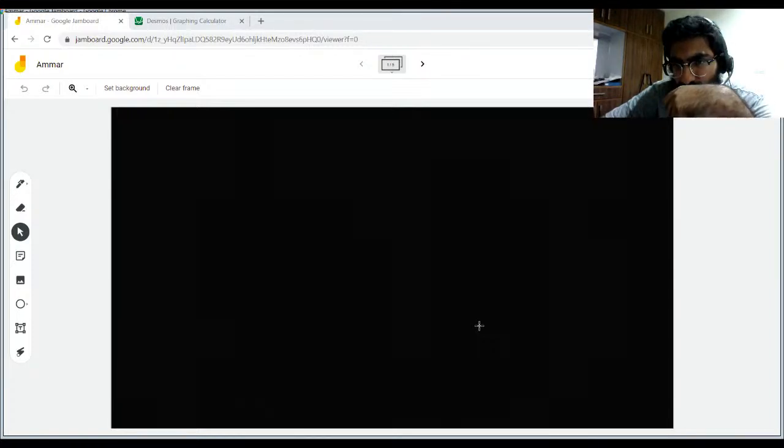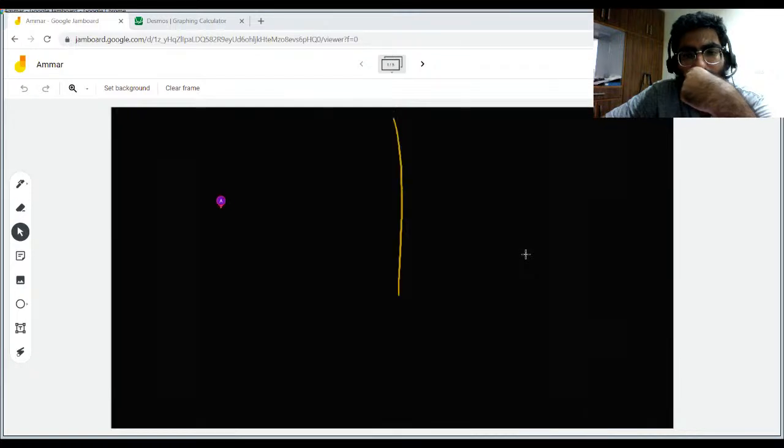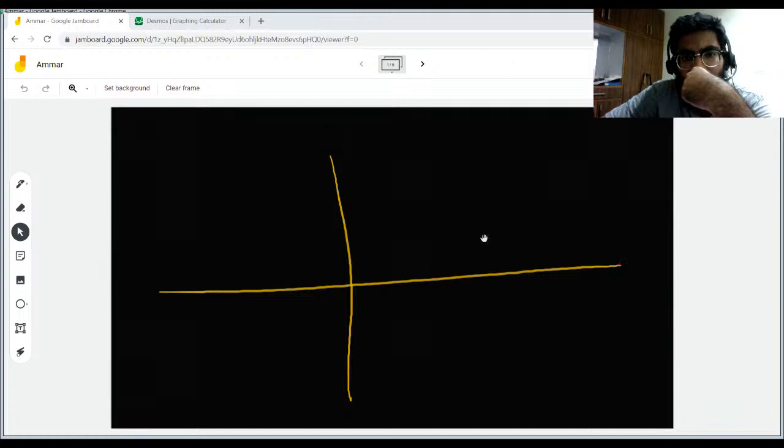G and H of 4. Graph minus x, right? So I'm guessing y is 0 and x is 0.